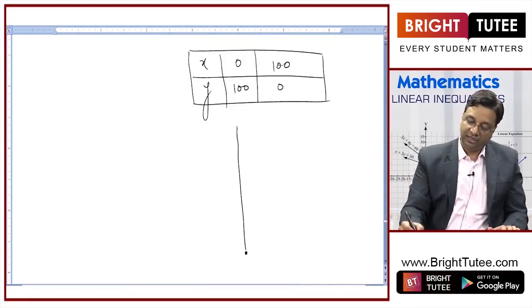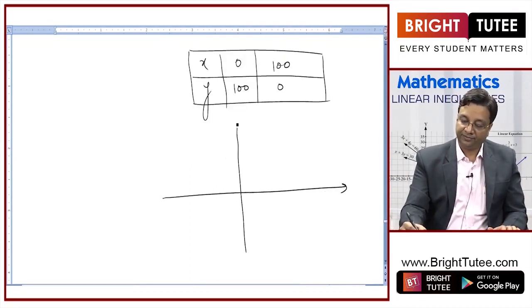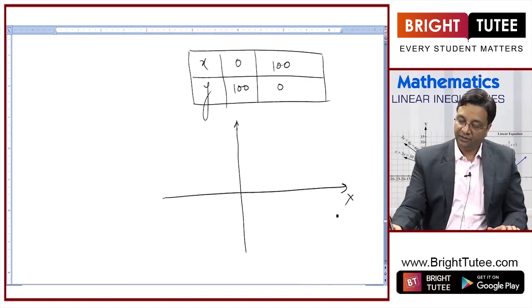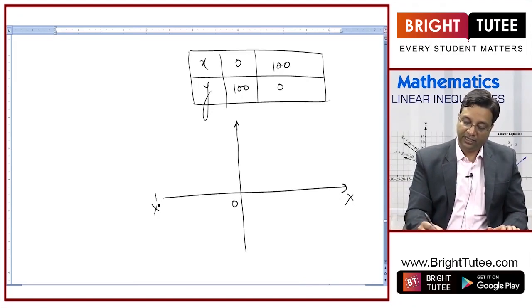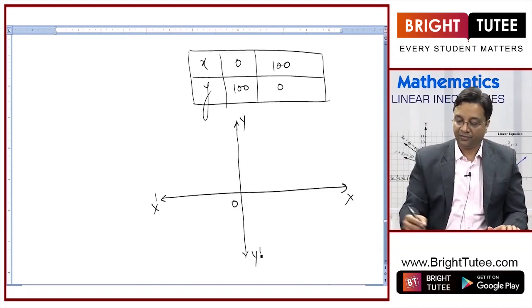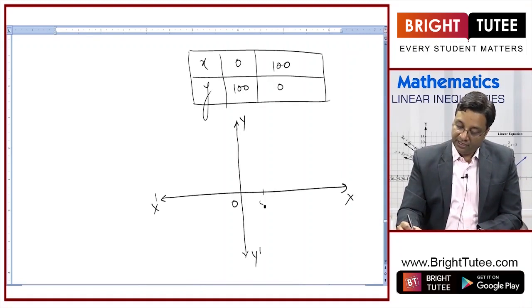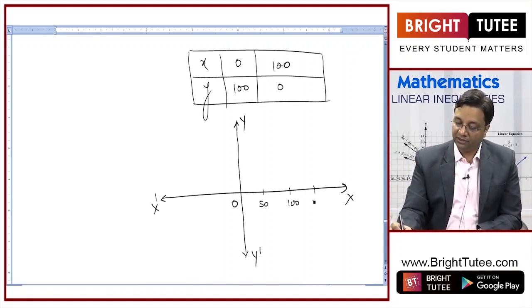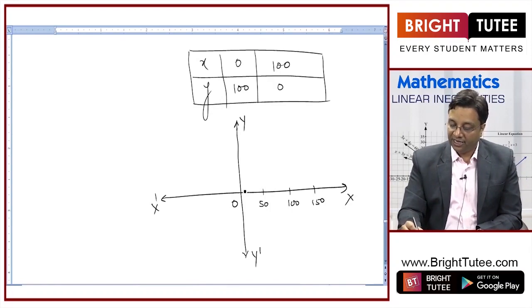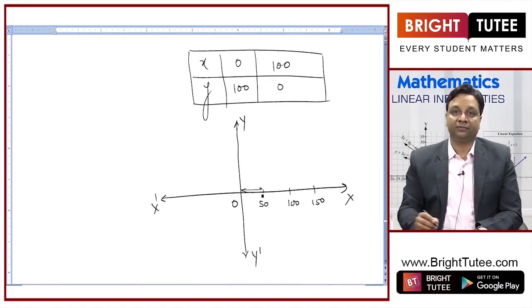Now to draw the graph, let me draw this Cartesian plane. Let it be x, this is O x dash, this is y O y dash, and this time I am taking this point as 50, so this point will be 100, this is 150. So I have taken gaps of 50 units this time.